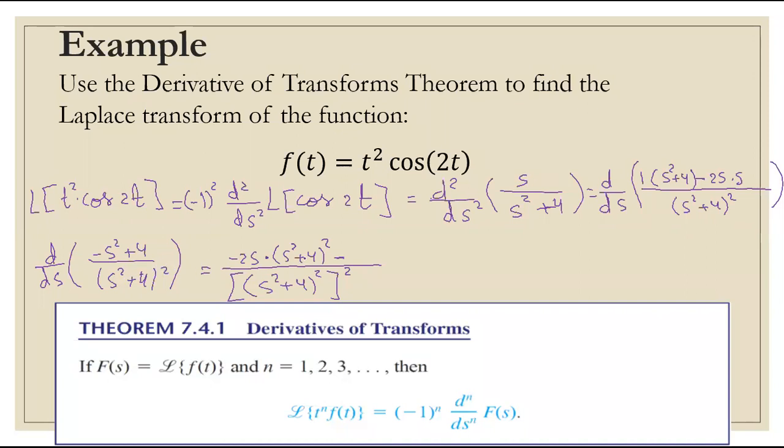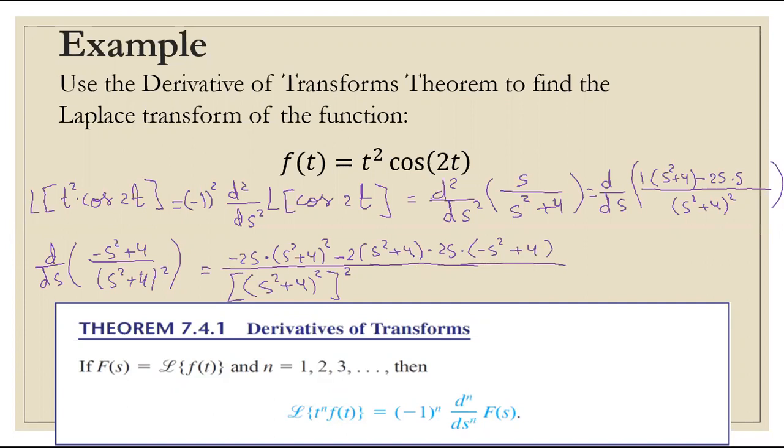Take the power down. Yes, 2 times (s squared plus 4), times 2s. Great. And don't forget to multiply by your numerator, negative s squared plus 4. You can distribute the bracket and find the simplest formula.